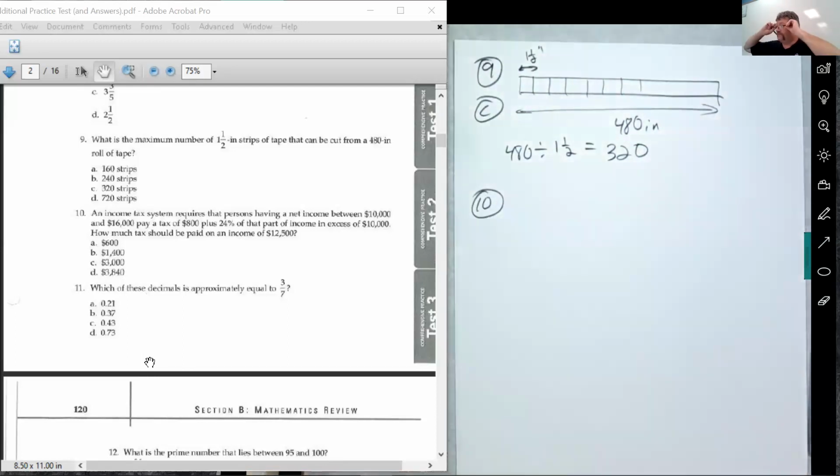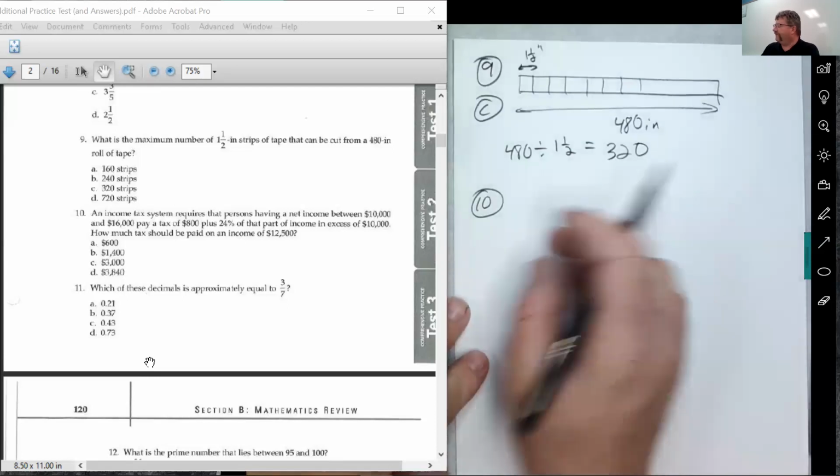All right, 10. An income tax system requires that persons having a net income between $10,000 and $16,000 pay a tax of $800 plus 24% of that part of the income in excess of $10,000. How much tax should be paid on an income of $12,500?